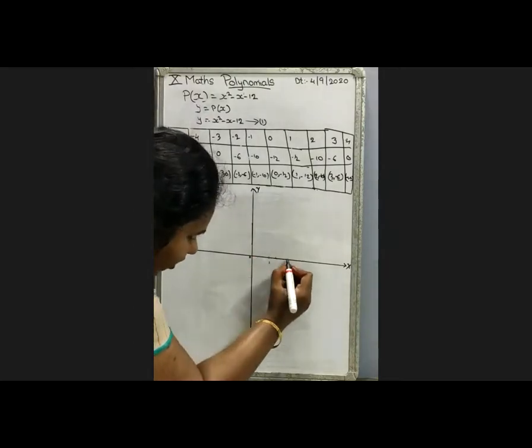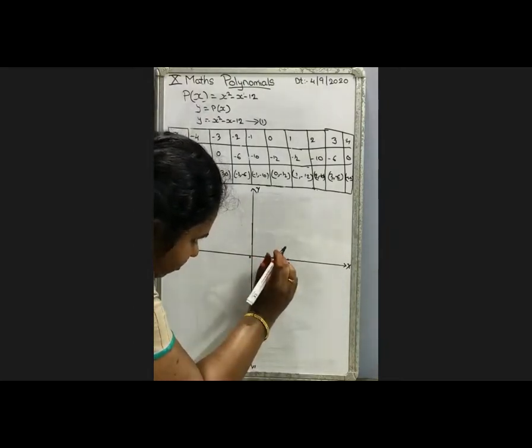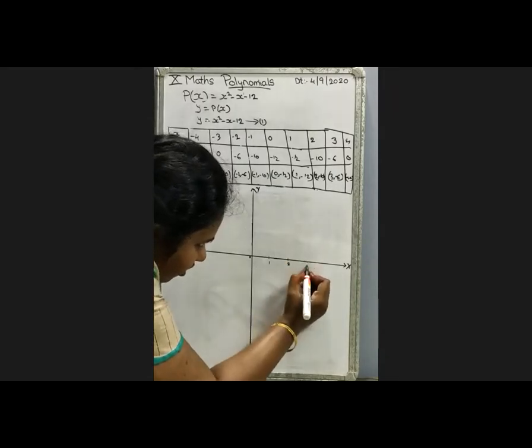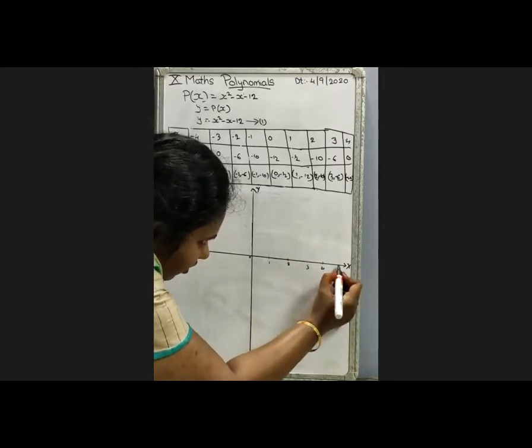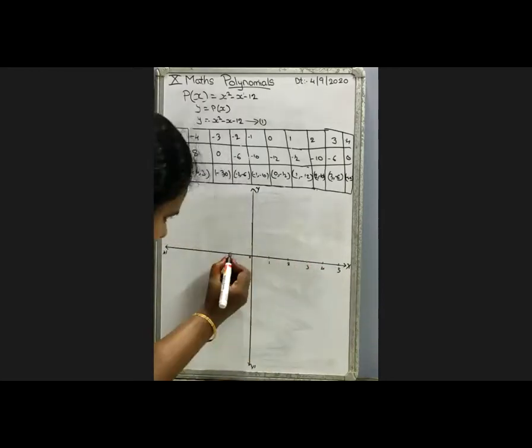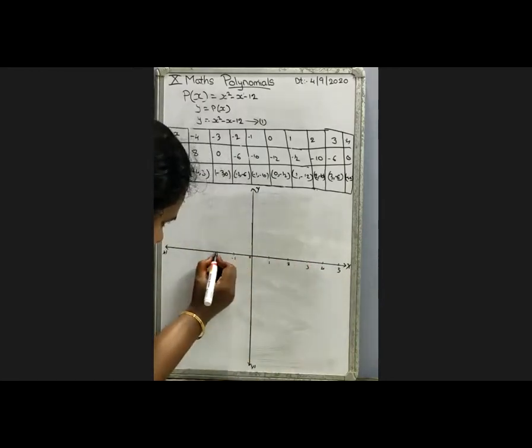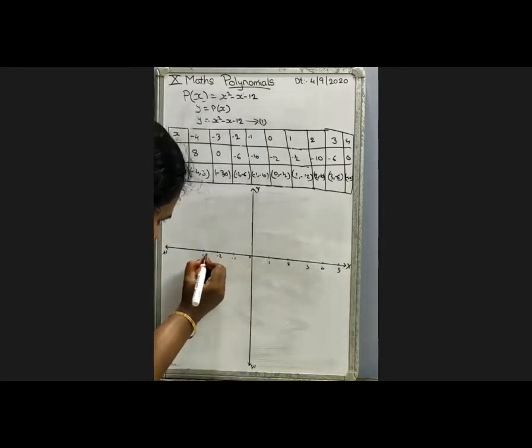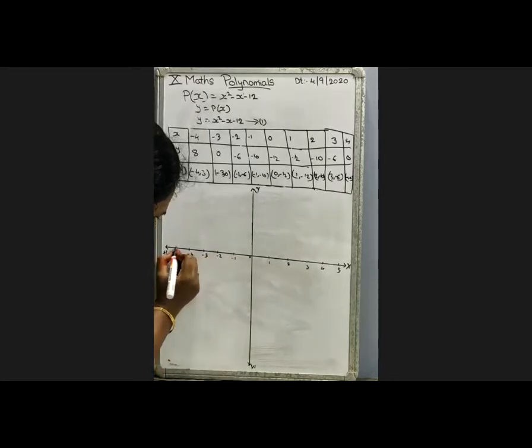See, 1, 2, 3, 4, 5. Here -1, -2, -3, -4, -5 I took.